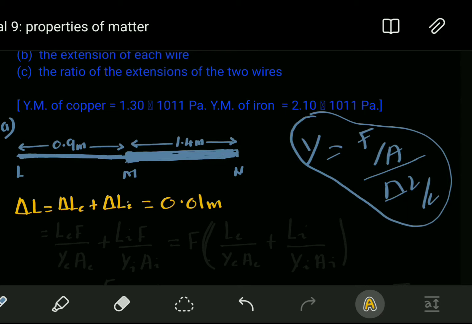I've expressed the changing length of copper as well as the changing length of iron as LC times F, because it is the same tension F acting on the compound wire.